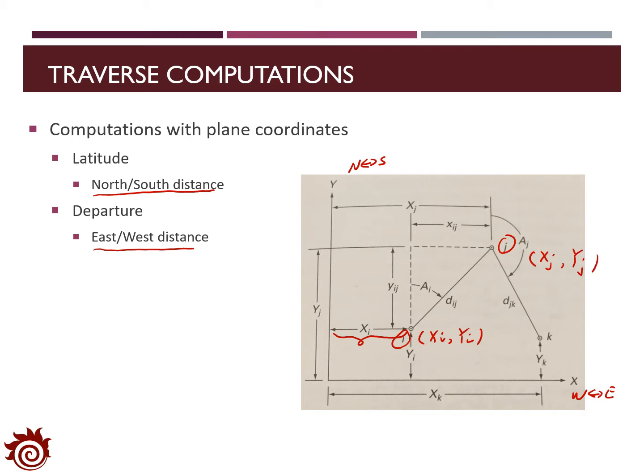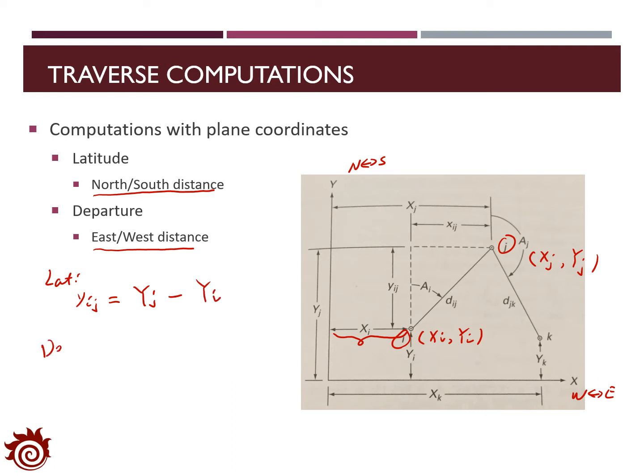Then the latitude can be defined as the distance along the y-axis, which would be yij equal to yj minus yi.